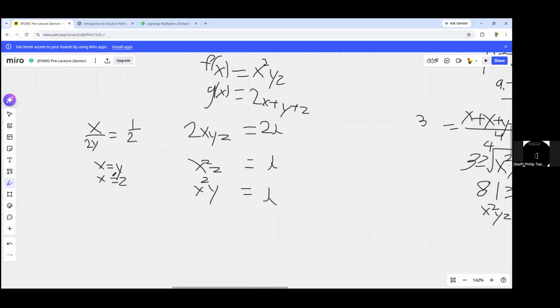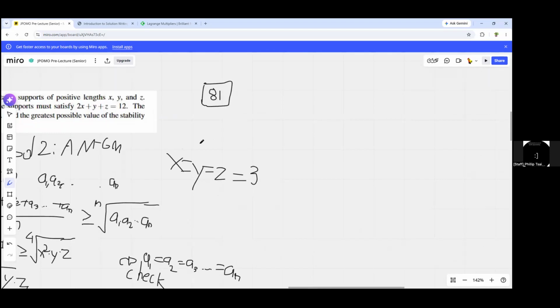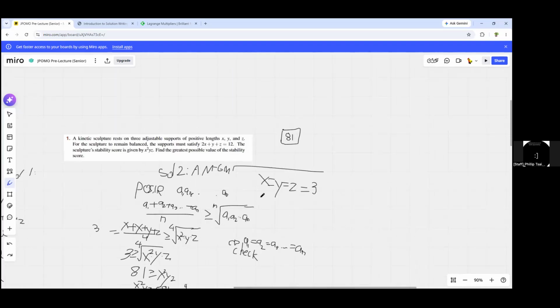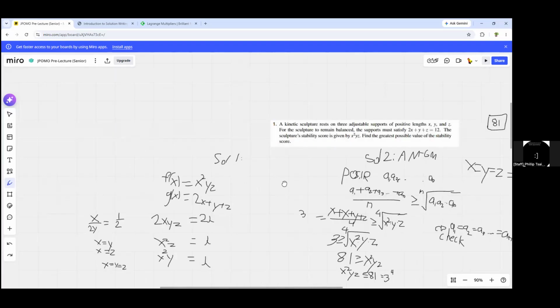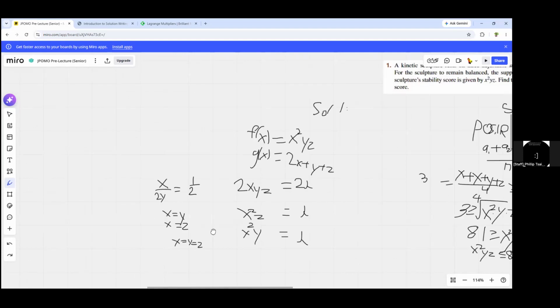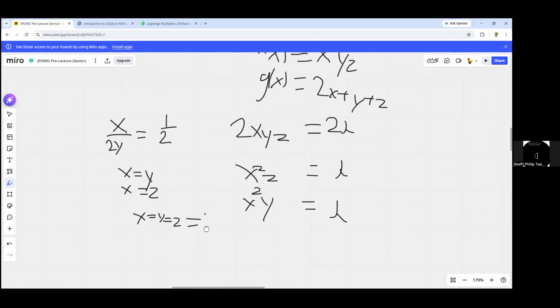So we notice that x is equal to y is equal to z, right? And this is basically the same thing we did in the AM-GM solution, but it's a lot faster, I'd argue, if you know how to take derivatives fast. So this is a very useful concept, especially in more advanced inequalities.